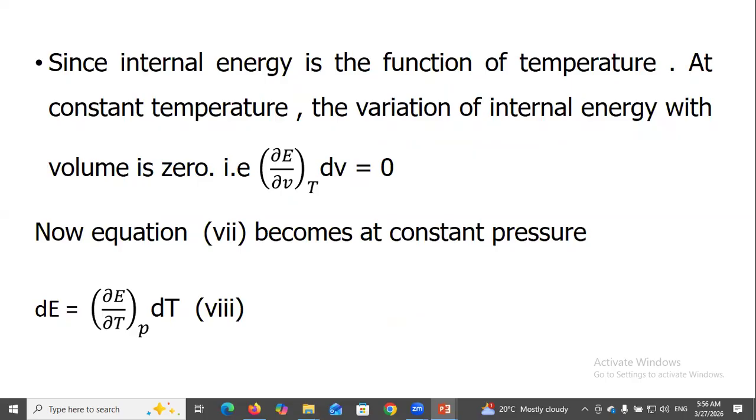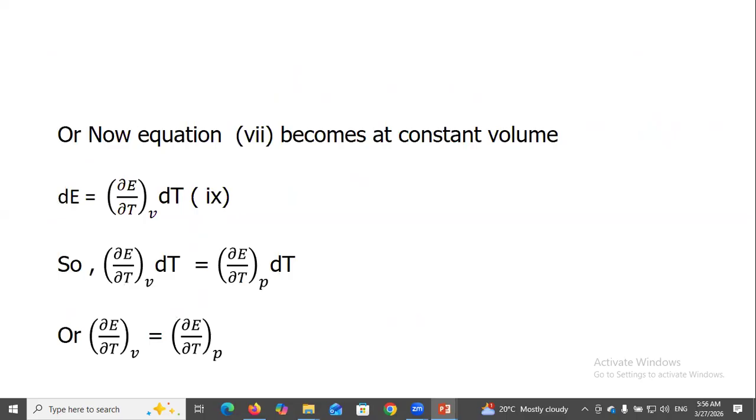At constant pressure, dE equal to (∂E/∂T)p dT. At constant volume, dE equal to (∂E/∂T)v dT. So (∂E/∂T)v dT equal to (∂E/∂T)p dT. The dT cancel, so (∂E/∂T)v equal to (∂E/∂T)p.